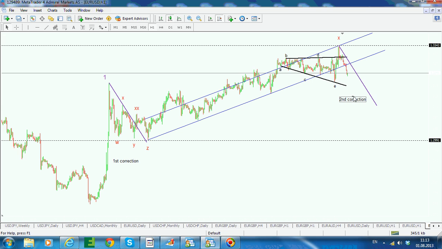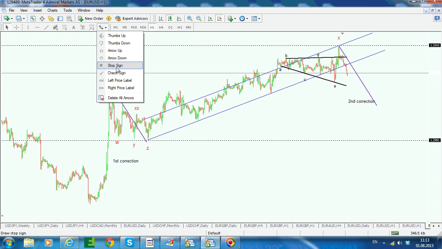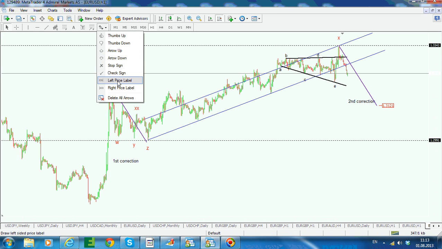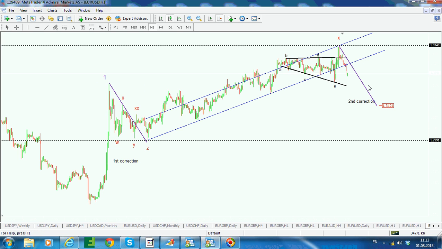Look for 61.8, something like this, for the second correction. And let's say that the 100% level would be 131.21, which I don't think is going to be the case. But I will try to buy this 132 area, let's say, for this second type of correction.